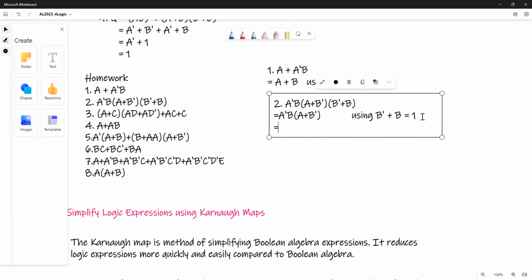That's good, Kanta, you have done this. Now the second one, we have A bar B into A plus B bar. One thing you can do is simply multiply. If you remember this as one single unit, you can directly multiply with this.